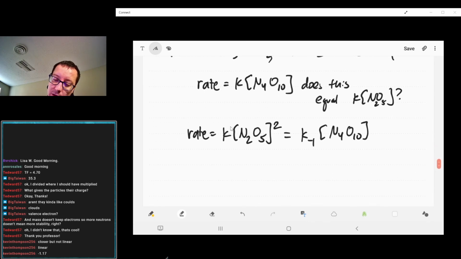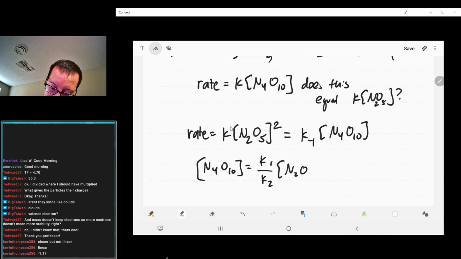All right, if we go ahead and solve for N4010, we get this, right? Just moving the K. I keep writing K2, it should be K-1, opposite reaction.